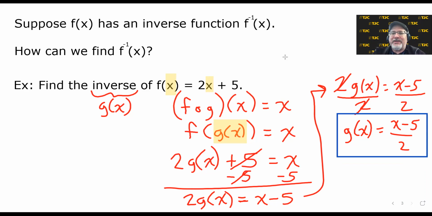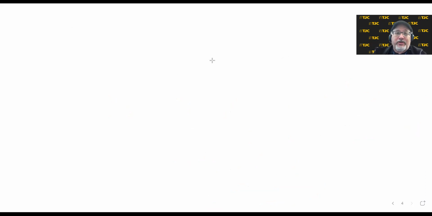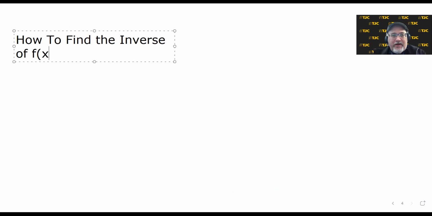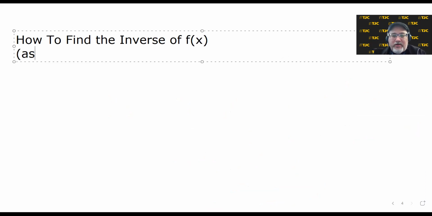So let's see if we can take this process and turn it into something a little bit more general that will always get the job done. In other words, how to find the inverse of f of x. Now, this, of course, is assuming f of x has an inverse, because not all functions have inverses.